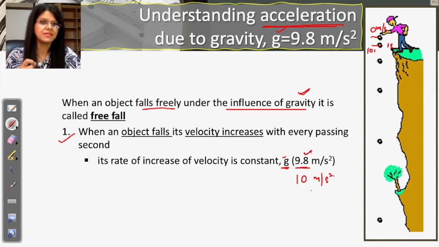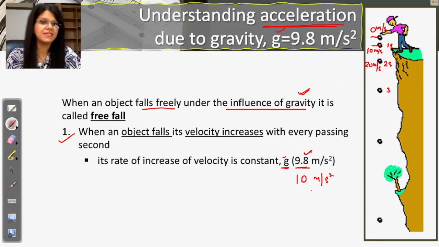10 meters per second. After 2 seconds, this is the new location of the ball. What is the new velocity? Again, there is an increase of velocity by 10 meters per second. So now the new velocity is 20 meters per second.